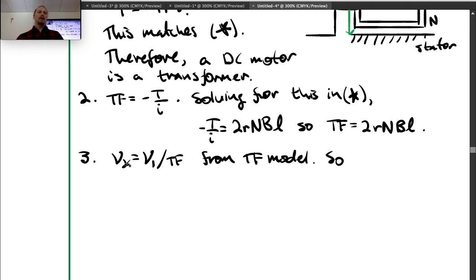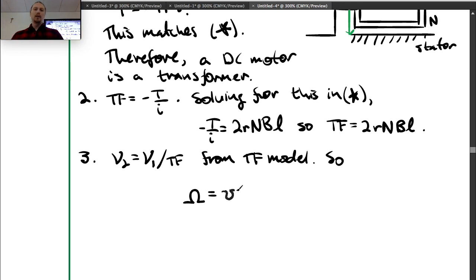So what is our across variable on the output side, on the 2 side? Omega, yeah, right? Because it's the side that has the load. It's the mechanical side. Then on the electronic side, the input side, what's the across variable?